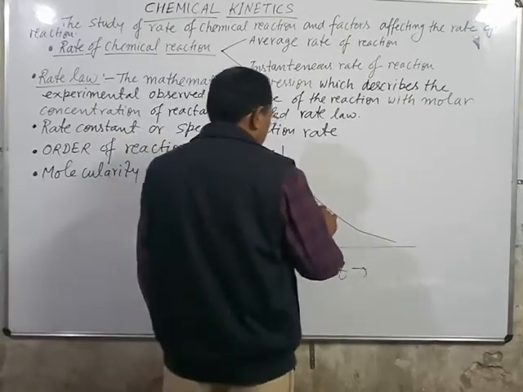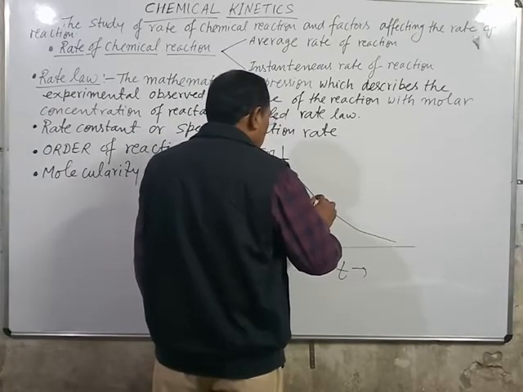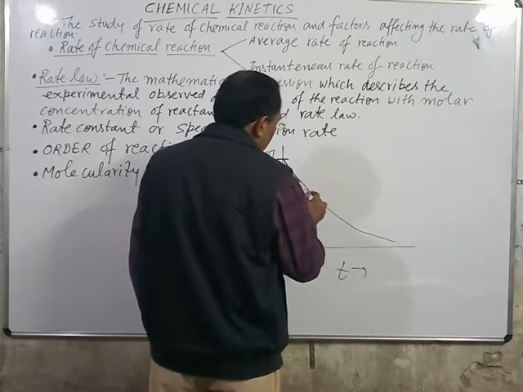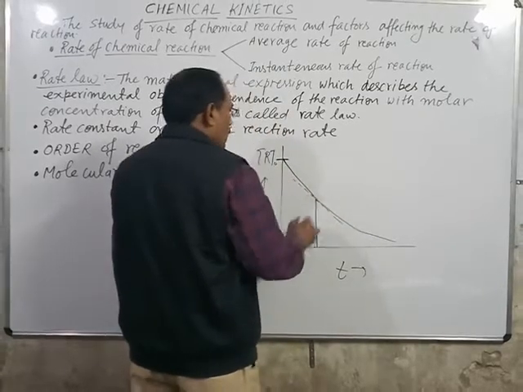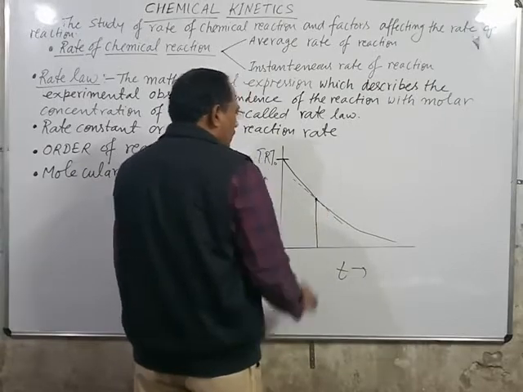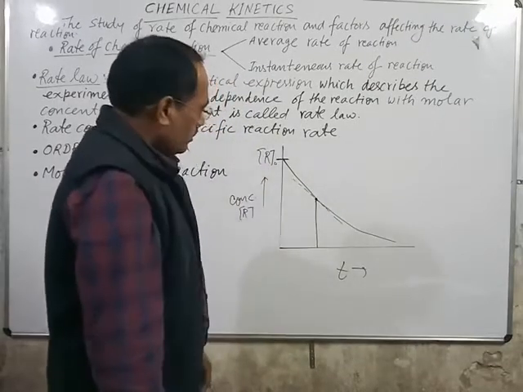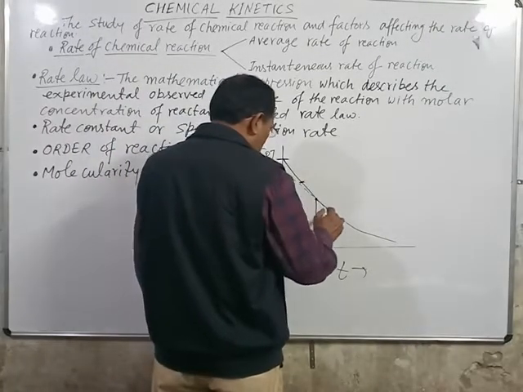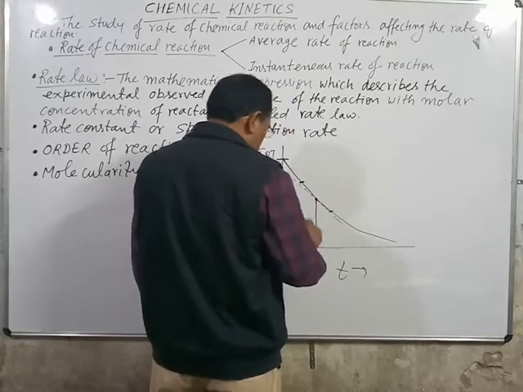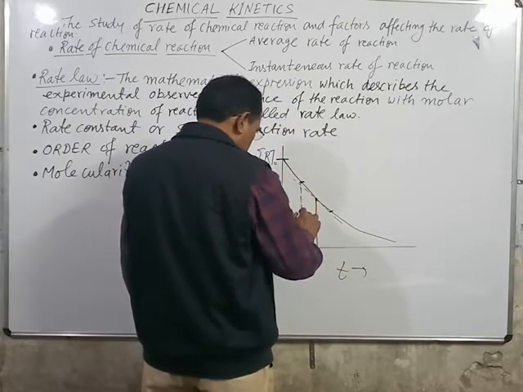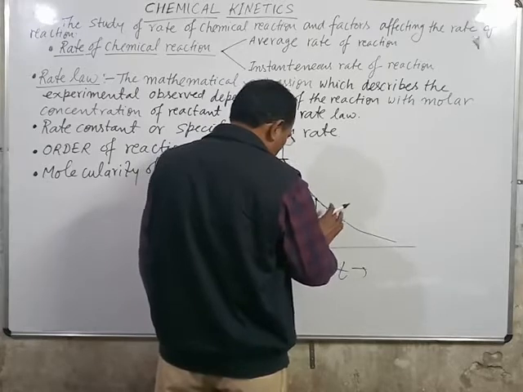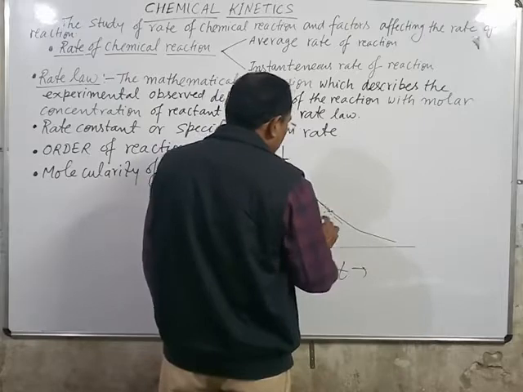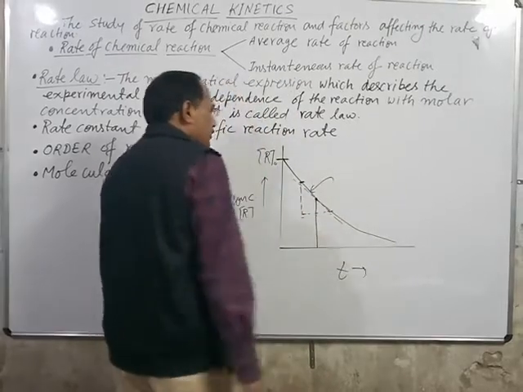If this decrease is considered at a particular moment of time, then this is called instantaneous rate, and if the change in concentration of reactant is considered at a particular interval of time, or you can say at an appreciable range of time, then this is called average rate.